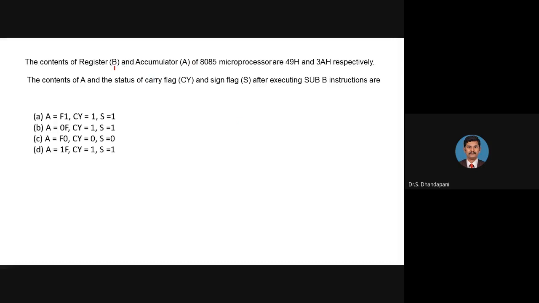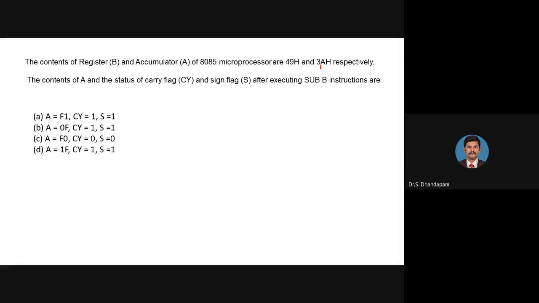I am explaining the question again. In register B, we have the value 49 in hexadecimal. In register A, the accumulator, we have the data 3A. We want to perform SUB B, that means subtract B. We are performing A minus B. After performing A minus B, the answer will be stored in the accumulator.